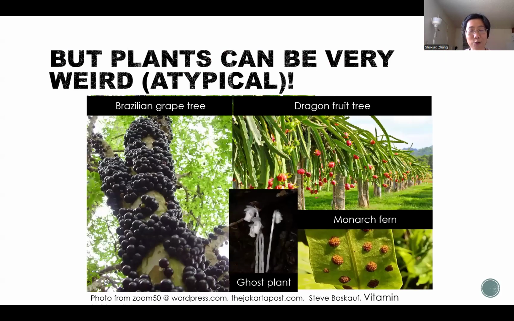And just to, again, emphasize how weird plants can get, here is the Brazilian grape tree. You have the fruits growing directly on the trunk. It looks like that. You can have the dragon fruit tree. Try to figure out what is the stem and the leaf on this thing. And you can see here is what the fruit looks like. It's growing at the end of these green structures. There's the ghost plant.